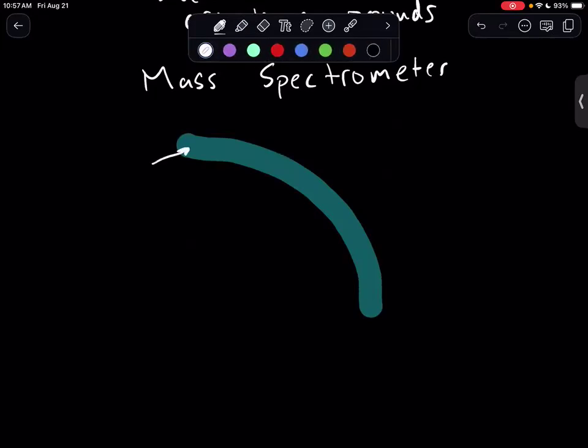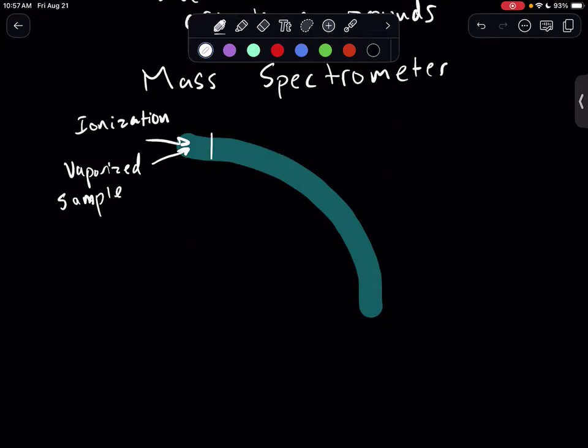So first, we have to put vaporized sample in the top. So whatever you're looking at, you have to vaporize it into its gaseous form, and then you bombard it with electrons for ionization, until those electrons strip off another electron from that compound.